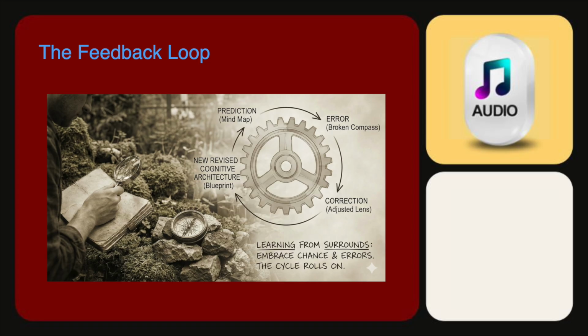It simply means that your internal map didn't match the external territory. You can use this error to update your horizon of expectations. You revise your mental model, and this is the biological cycle of learning: prediction, error, correction, new structure.